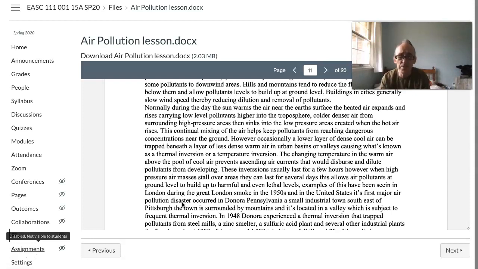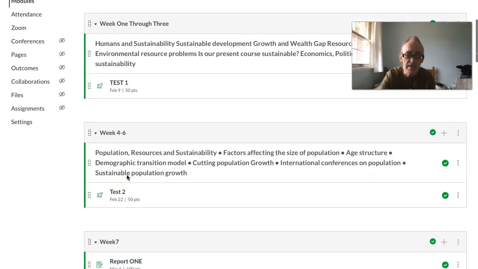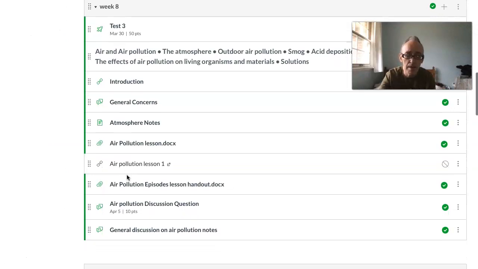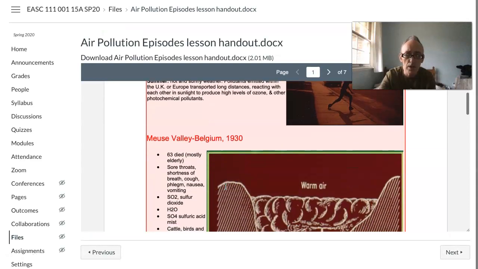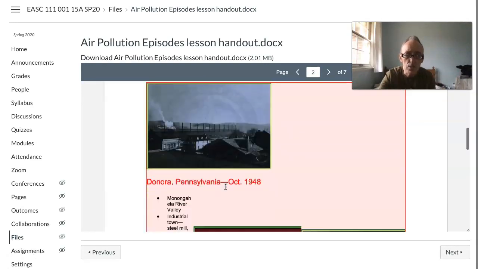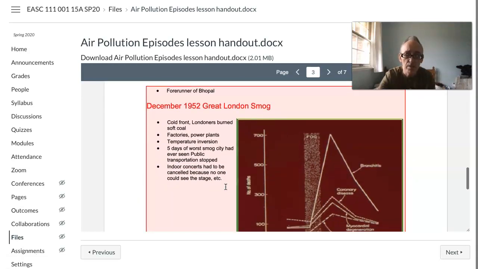And some examples of this include London. If you look back at the other section in the module that I put in, for example, some of the episodes within this area, we're going to talk about Donora in a minute, but also, like I said, we've got the London smog.